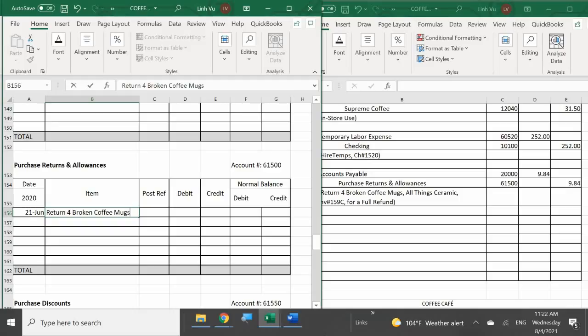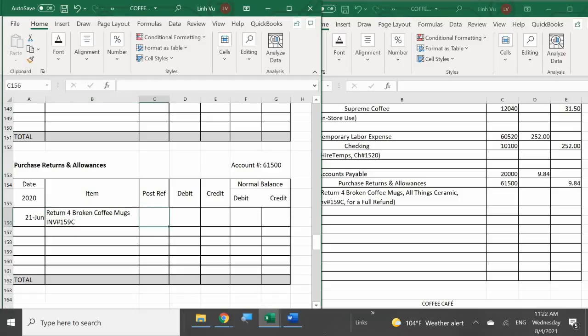Invoice number 159. Invoice number 159. Okay. Journal 9. Mm-hmm. And credit $9.84. Good. And of course, since it's our very first return, your credit balance should be $9.84.